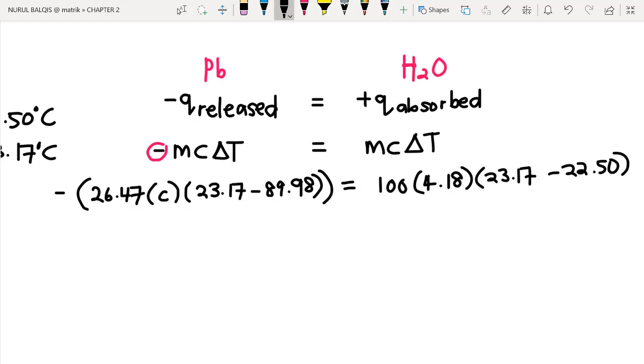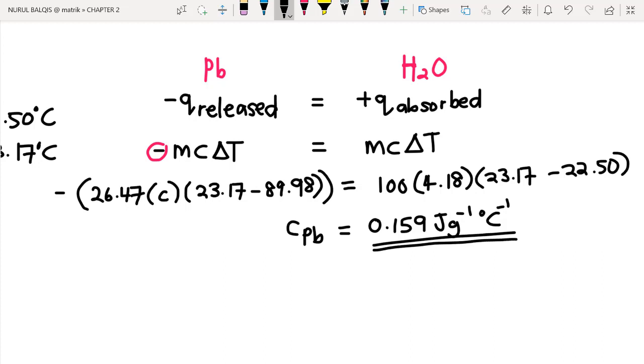Okay, once we rearrange and set this specific heat capacity of lead aside, we're going to get a value of 0.159 joule per gram per degree Celsius. So this is our specific heat capacity for the lead pellet.